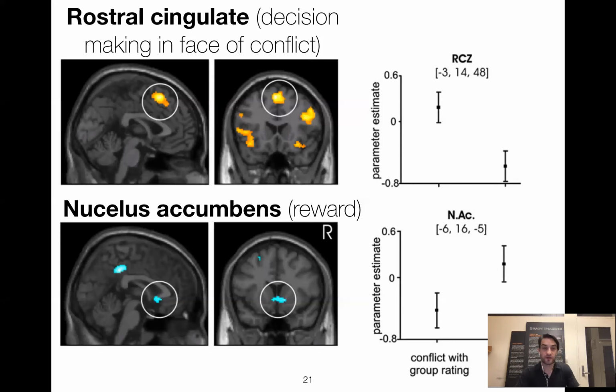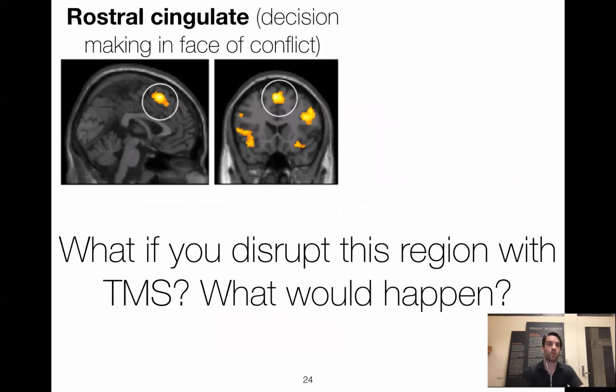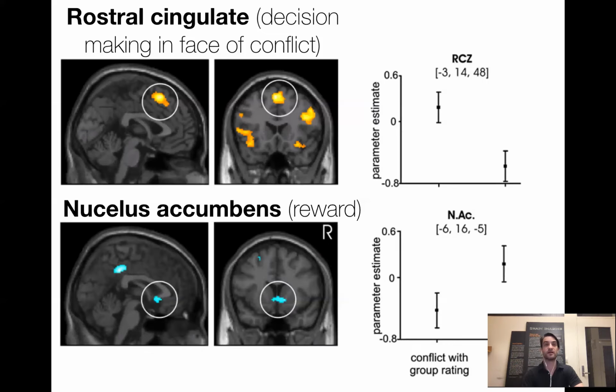So then these researchers had this natural question of asking, well, what happens if you disrupt this region with TMS, okay? What do you think is going to happen? Now, the reason that they asked it about the rostral cingulate as opposed to the nucleus accumbens is if you look at the nucleus accumbens, and where this little region is, it's deep in the brain. Like you'd have to drill in from multiple settings.